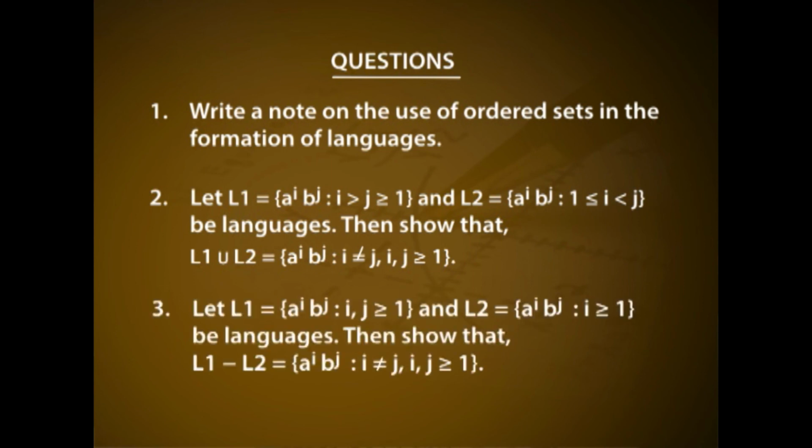Next, let L1 = {a^i b^j such that i, j ≥ 1} and L2 = {a^i b^i such that i ≥ 1} be languages. Then show that L1 difference L2 = {a^i b^j such that i ≠ j, i, j ≥ 1}.